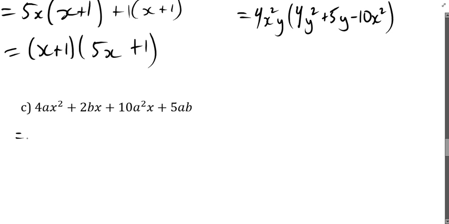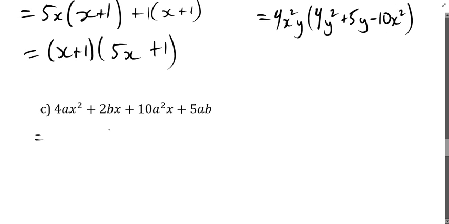So common factor, the first 2. What do you get? You should get 2x. Riley? How do you get 2x because 2 doesn't go into 5? I'm only factoring the first 2. Oh, okay.